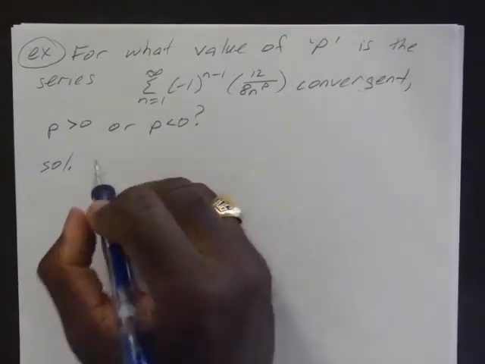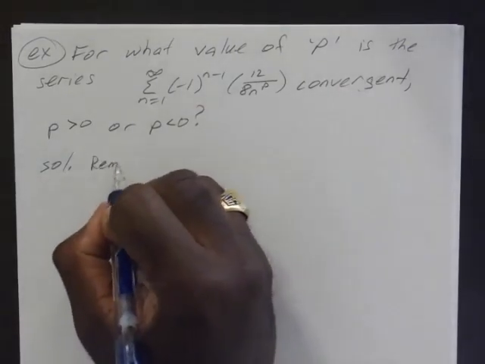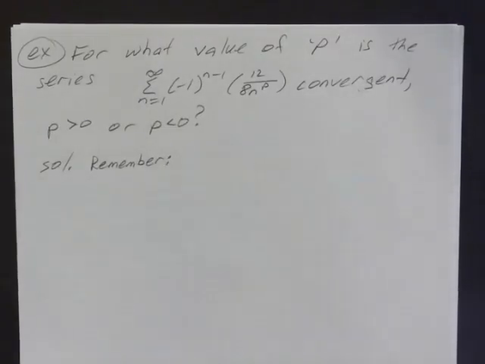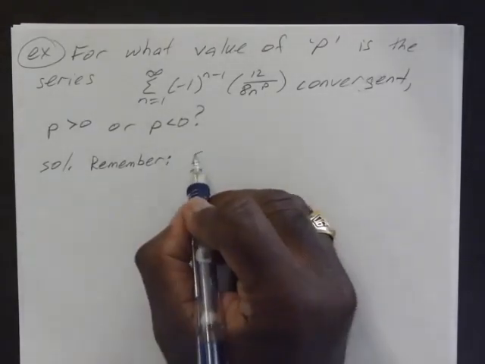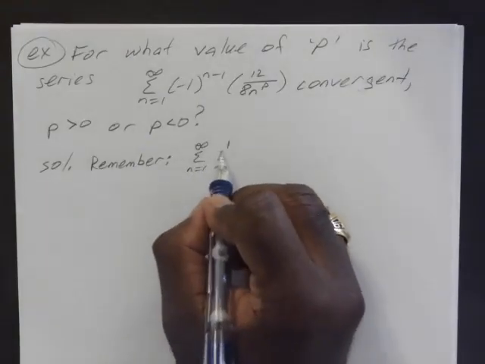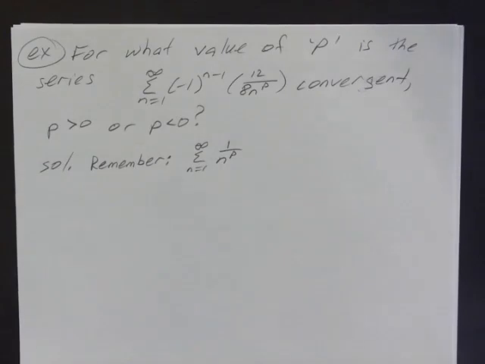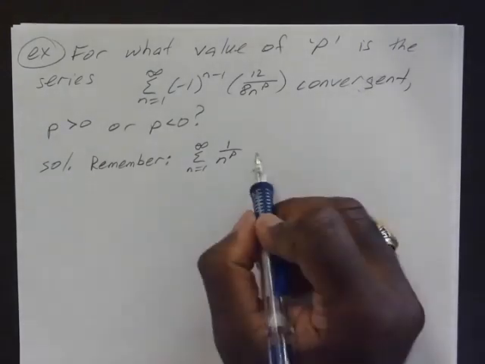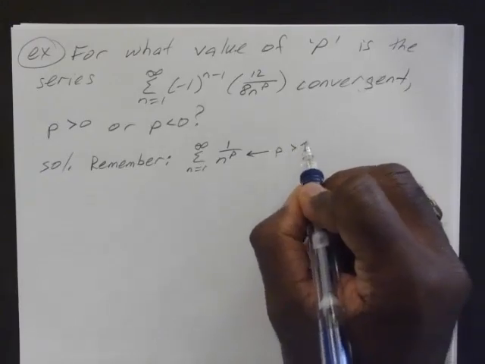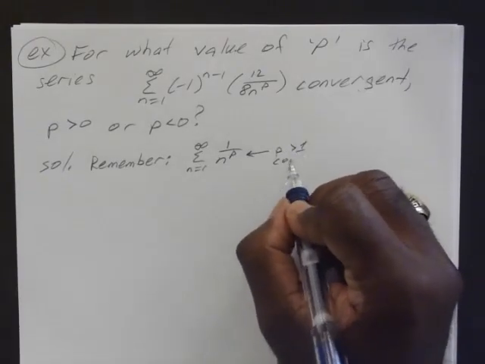Now with this one, you just want to remember your P series. So n equals 1 to infinity of 1 over n to the power of P. If P is greater than 1, we know it's convergent.